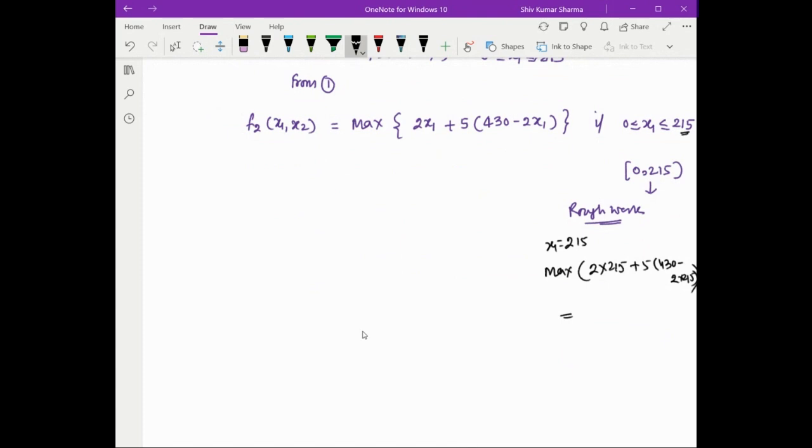So this equals 430. So when we put x1 equal to 215, we got 430. We see that this value is not the maximum. Now we check again at x1 equal to 0. What value at x1 equal to 0? This gives us 0 plus 5 into 430 minus 0.